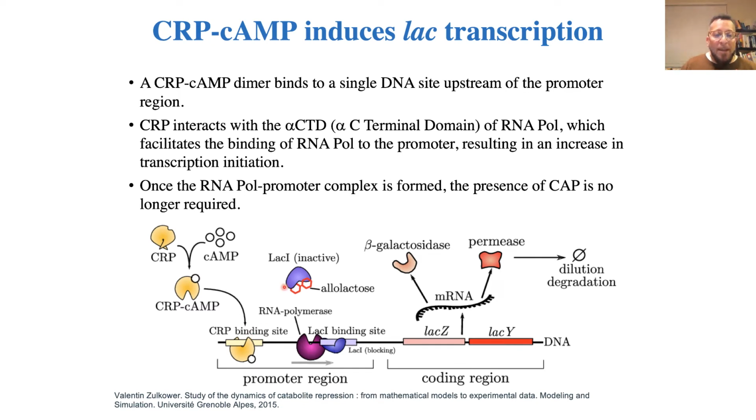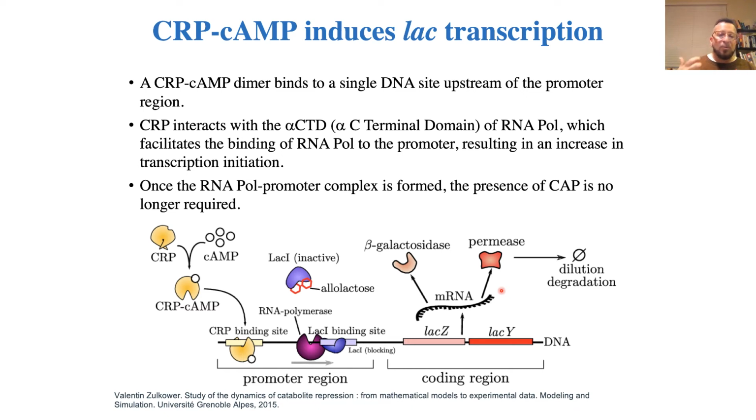So when LAC-I has been bound to allolactose and it has been removed from the operator region, that allows for the binding of the RNA polymerase, which also is going to be positively influenced by the presence of the bound CRP, and that is going to initiate transcription of an mRNA that can later encode for the beta-galactosidase gene as well as the permease gene to transport the lactose in the cell.